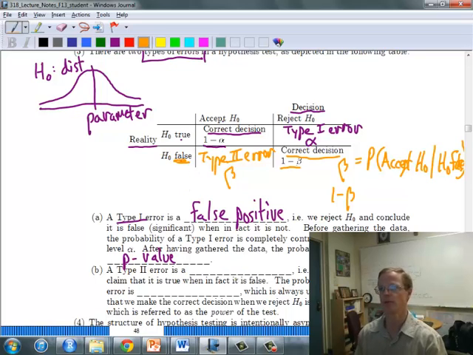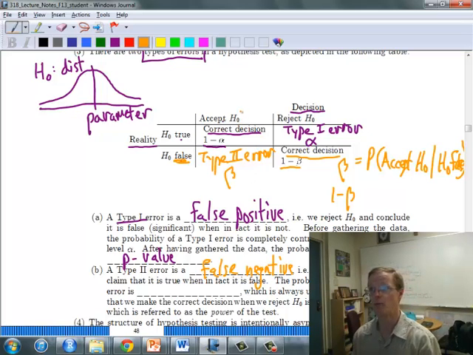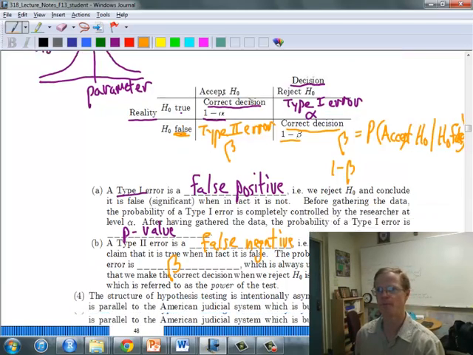Okay, so type 2 is a false negative. We have said that we accept the null, but we're wrong, and it occurs with probability beta. Okay, I think that covers that.